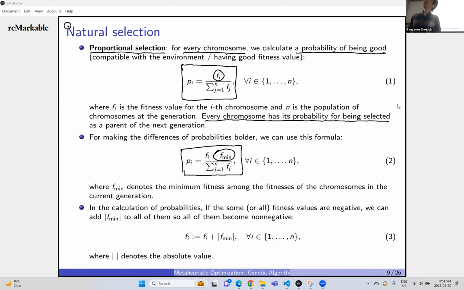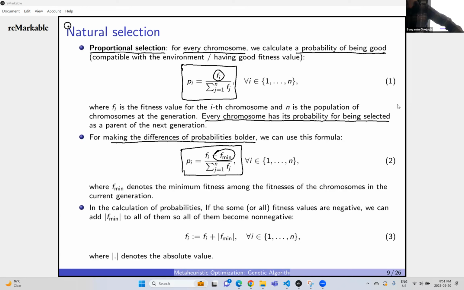What's the philosophy? Because this exaggerates the probabilities. If something has more probability, it will be exaggerated. Sometimes maybe you want more selective pressure, so you do that, for making the differences of probabilities bolder. Okay.